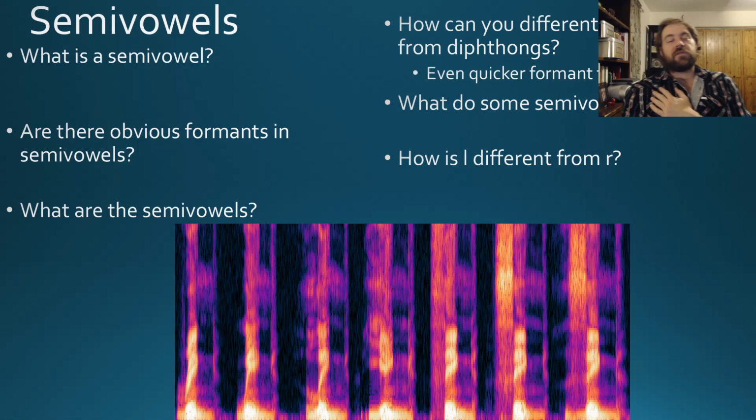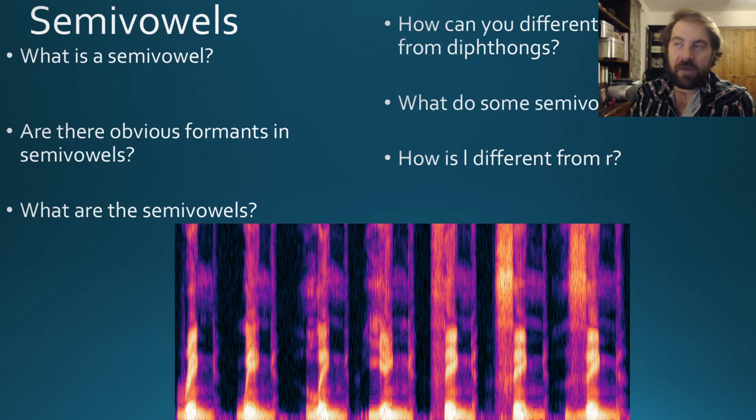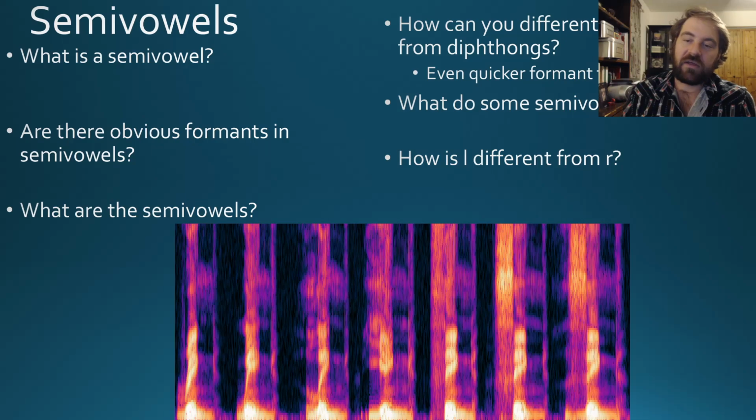Okay, semivowels. The first question is over on the right side. How can you differentiate semivowels from diphthongs? They have even quicker formant transitions, and they tend to be a little quiet.